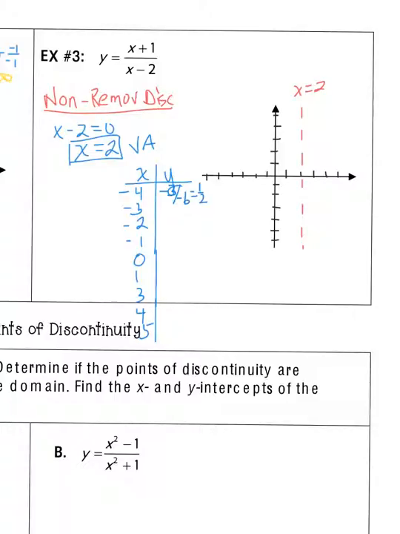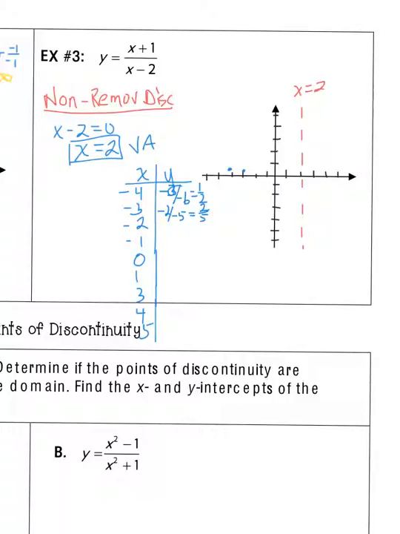So I'm right about there. All right, so -3 plus 1 is -2. -3 minus 2 is -5. So that gives me a positive 2/5. So -3, 2/5, a little bit closer to the x-axis.